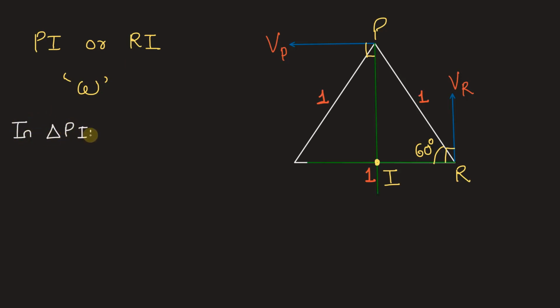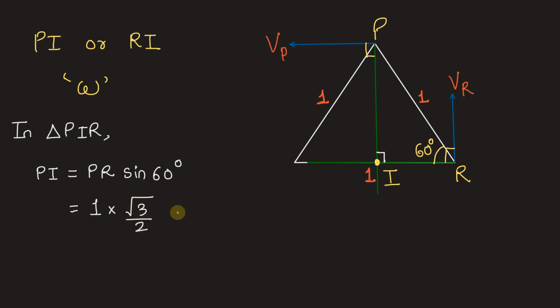In triangle PIR, it's a right angle triangle. Of course, the perpendiculars are meeting at this point, so there is a right angle forming. So in this right angle triangle, PI will be hypotenuse PR into sine 60 degrees. Now the PR value is 1 and sine 60 degrees is root 3 by 2.